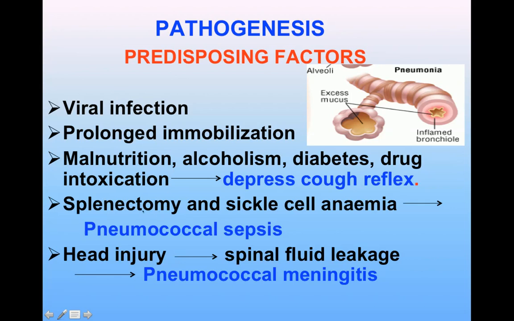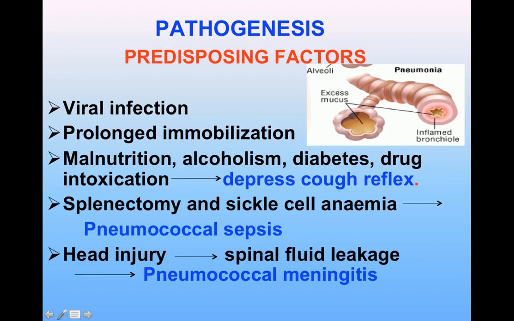Patients who have had splenectomy or have sickle cell anemia are more prone to pneumococcal septicemia, pneumococcal sepsis, because the spleen is functionally not working, so the organisms can lead to septicemia.